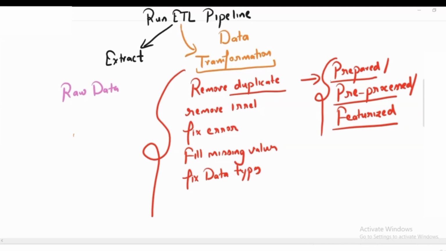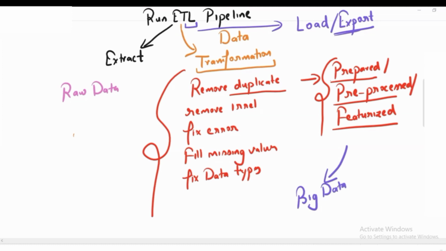So now as soon as you have your prepared data, the next thing that you have to do is run the phase which is all about nothing but you have to load data or export data. What it means is that, as soon as you have this prepared data, this data gets sent to a big data department.